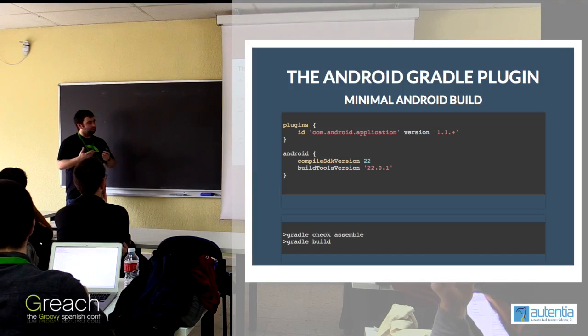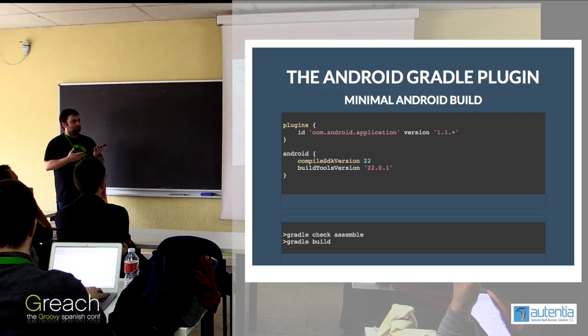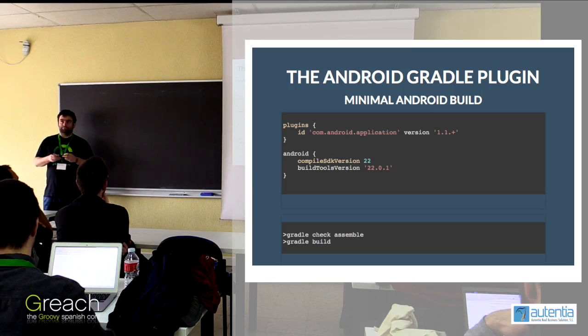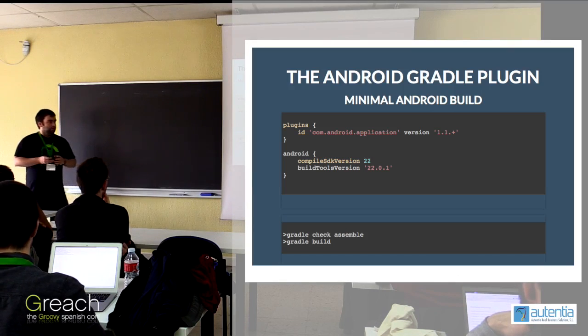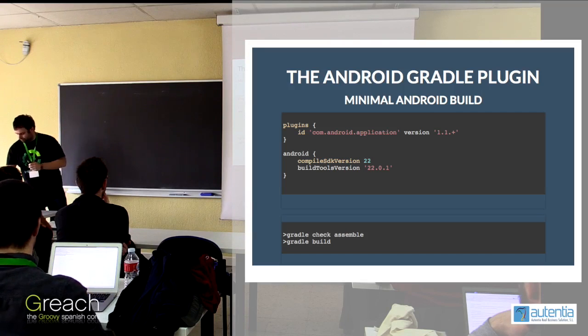I say APKs because with that new build system, you usually build more than one APK. I think in the former build system that wasn't possible. So if you needed to build different APKs, you needed to deal with different projects, and there was no support for that.